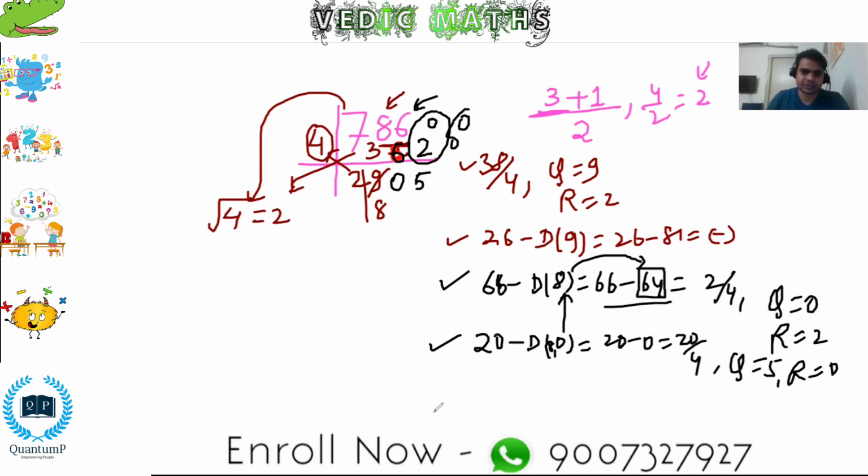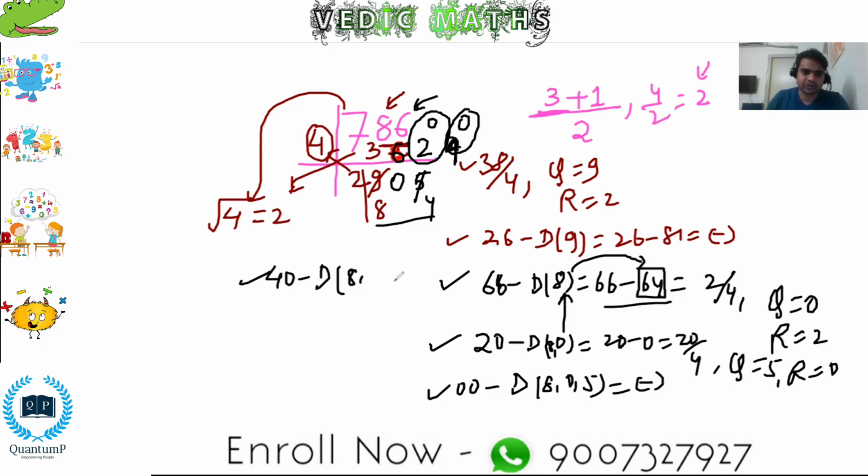So we have 00 minus duplex of 8, 0, 5, 3 digits after this line. So this is huge negative. This 5 will become 4, and this 0 will become 0 plus 4, which is 40. So we have 40 minus duplex of 8, 0, 4, which is 64, means negative again. This 4 will become 3, and this 4 will become 4 plus 4, 8.